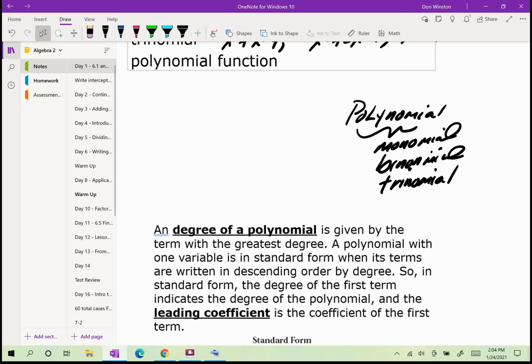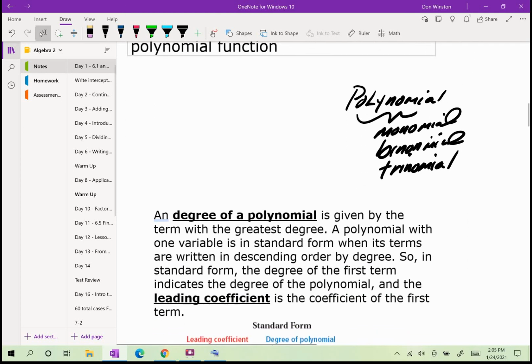The degree of a polynomial is given by the term with the greatest degree. A polynomial with one variable is in standard form when its terms are written in descending order by degree. For example, let's say I have x to the 3rd plus 2x to the 5th plus 1. It's a trinomial, it has 3 terms. What would be the degree of that polynomial?